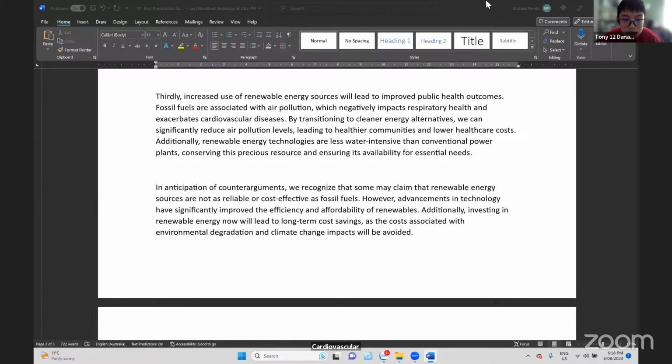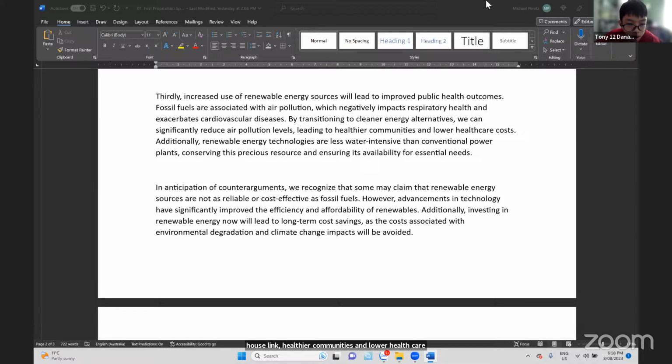By transitioning to cleaner energy alternatives, we can significantly reduce air pollution levels, leading to healthier communities and lower healthcare costs.